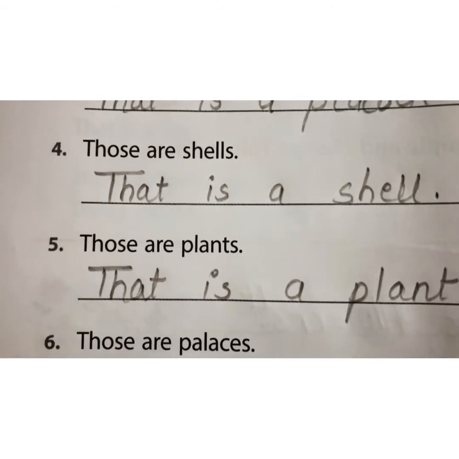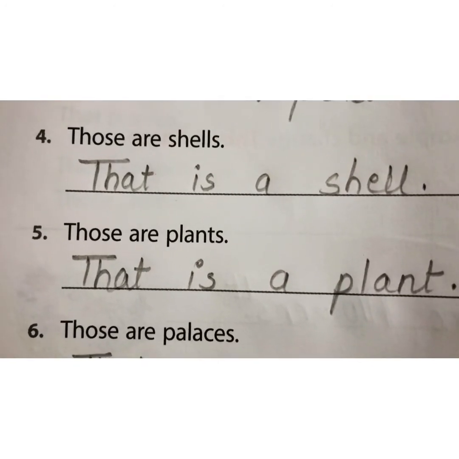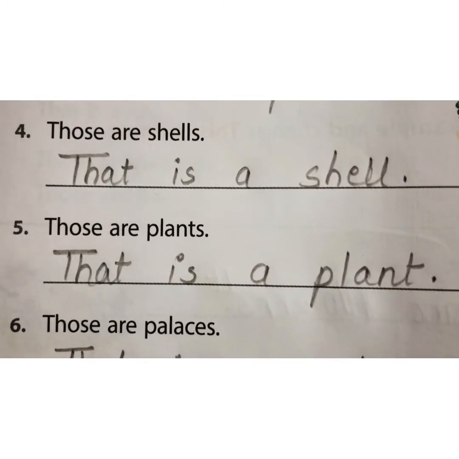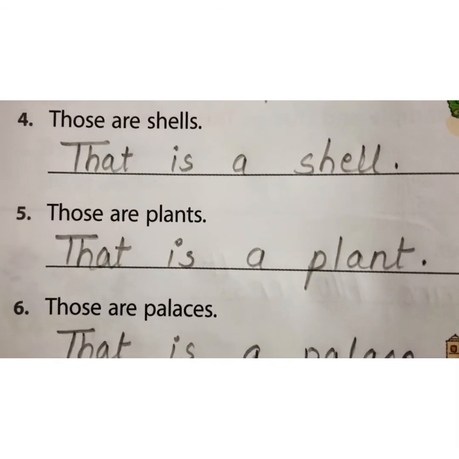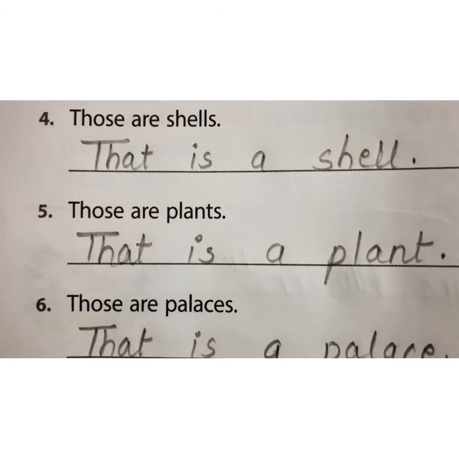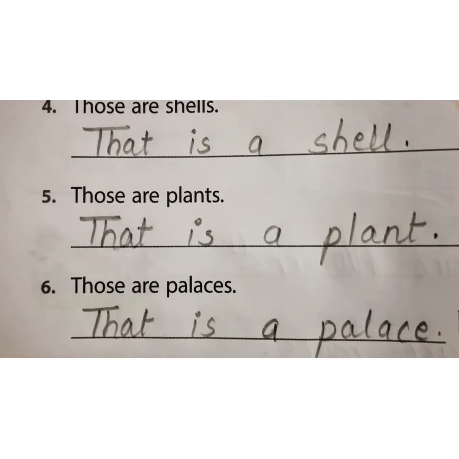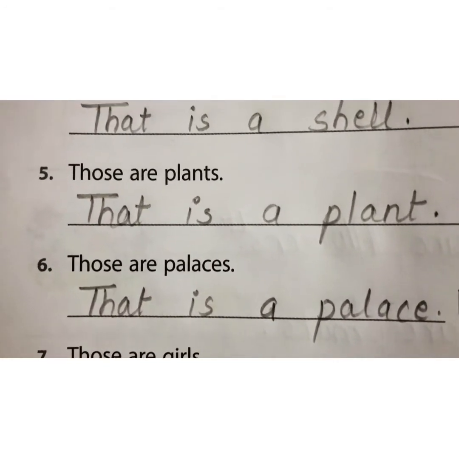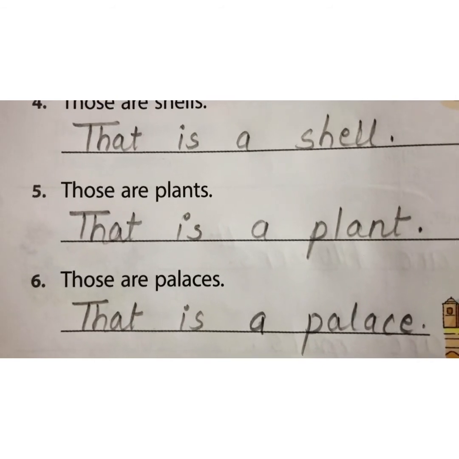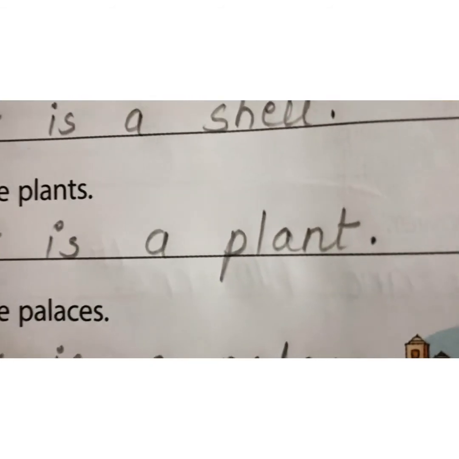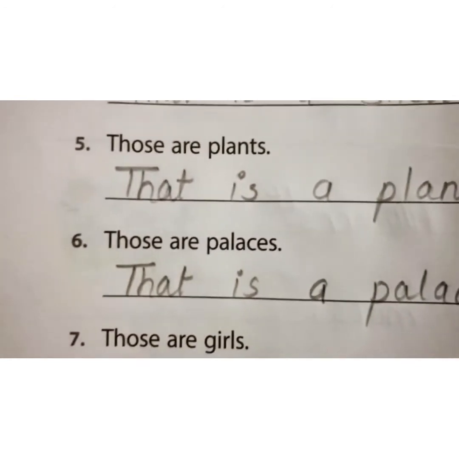Fourth, those are shells. That is a shell. Children, don't forget to put a full stop at the end of the sentence. As you know, a sentence always begins with a capital letter and ends with a full stop.